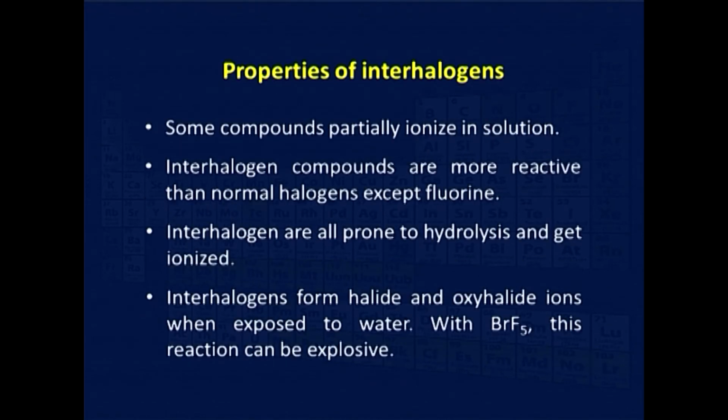Some compounds partially ionize in solution. The interhalogen compounds are more reactive than normal halogens except fluorine. The interhalogens are all prone to hydrolysis and get ionized. The interhalogens form halide and oxyhalide ions when exposed to water. With bromine pentafluoride, this reaction can be explosive.